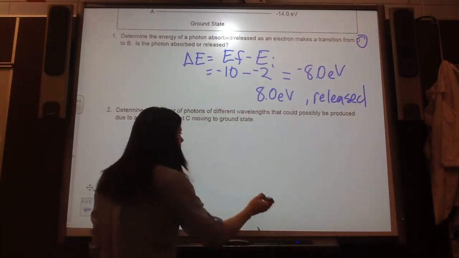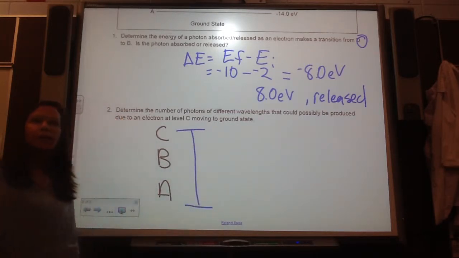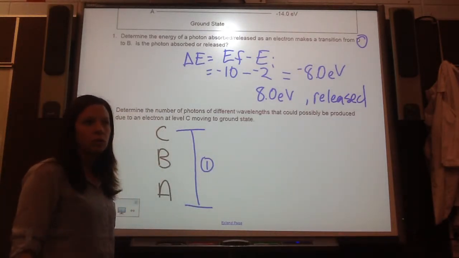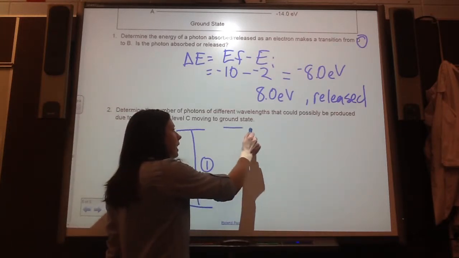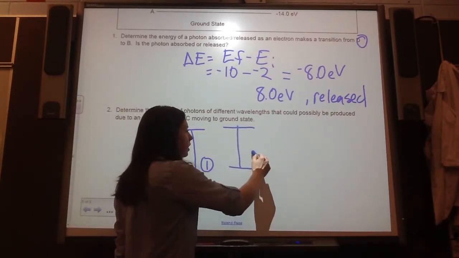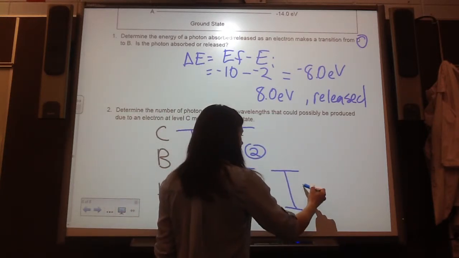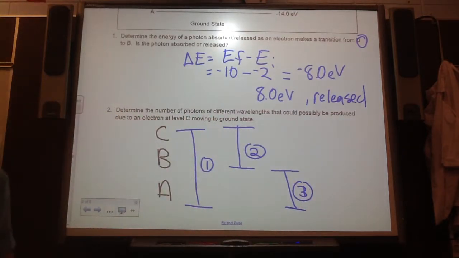Either it could move from C all the way down, so whatever photon is emitted doing that is one scenario. Or say it started at C and just moved down to B, emitted a photon, and then moved from B to A. That's another photon. So there are 3 different possible wavelengths of photons being emitted.